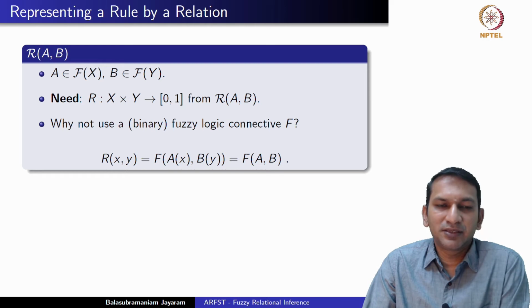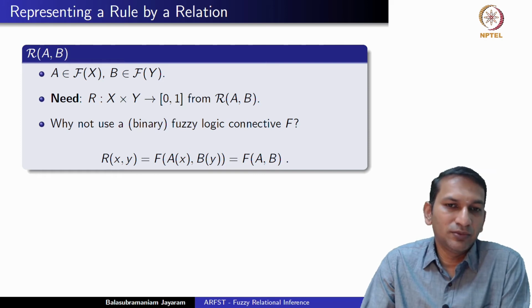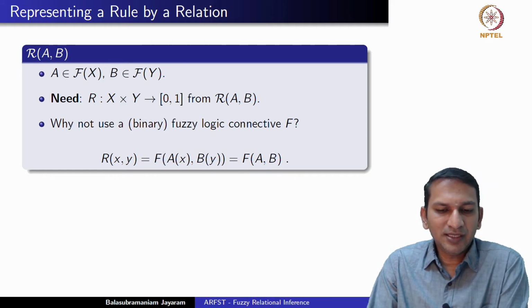Product of A comma B is A of x dot B of y, depending on where the elements are coming from. So in this case, we need to note that x is coming from the domain X and y is coming from Y, and the domains X and Y need not be equal.